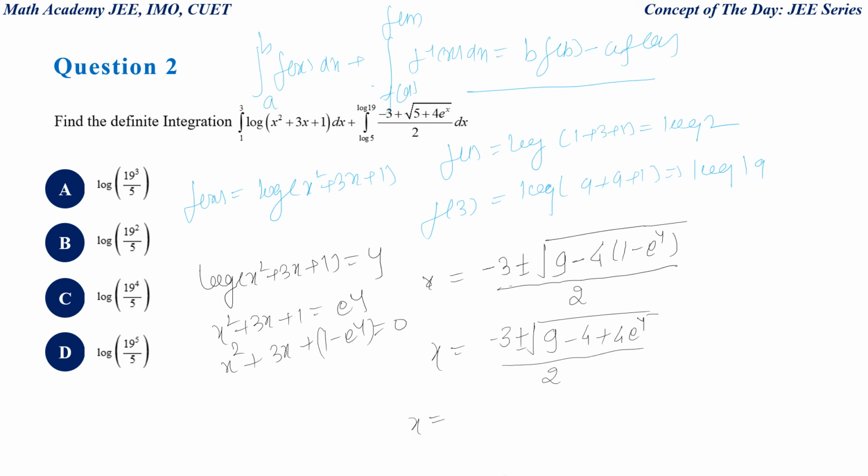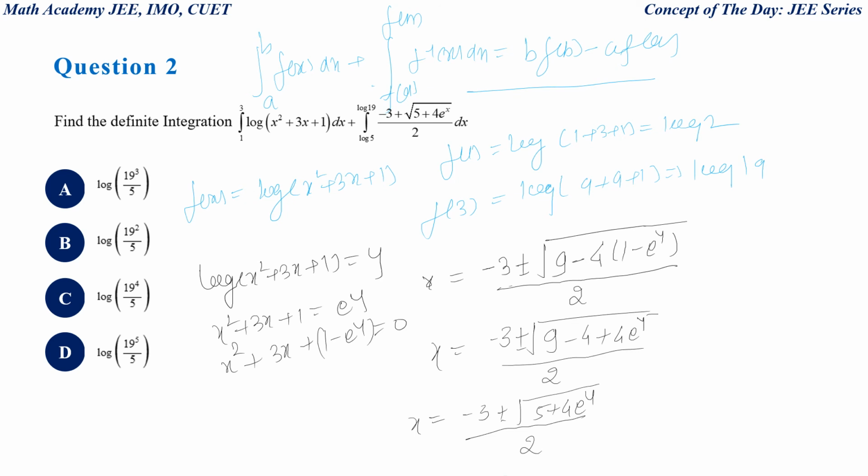X is equal to what? This is minus 3 plus minus under root 5 plus 4 times e to the power y, divided by 2. Now you can say that we need to integrate this function from 1 to 3.